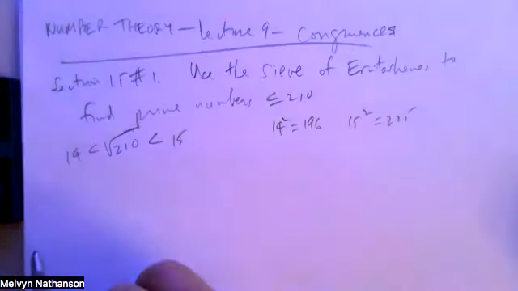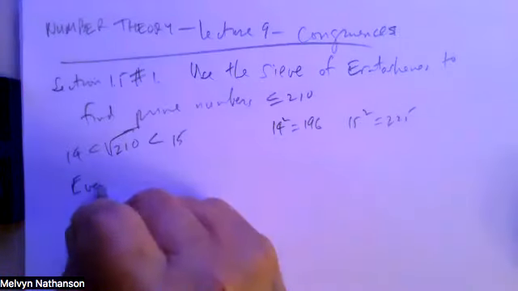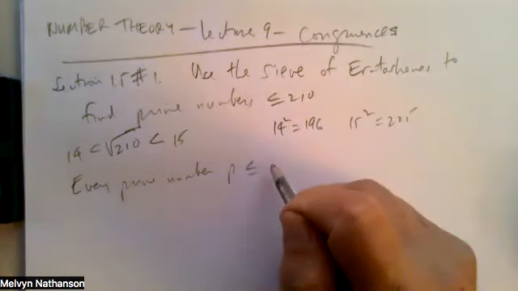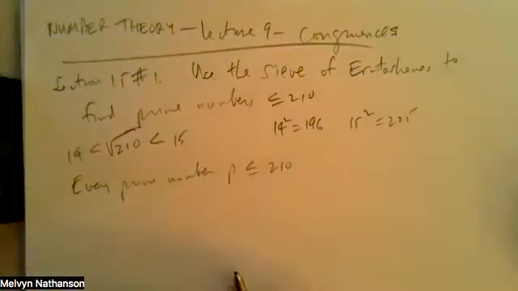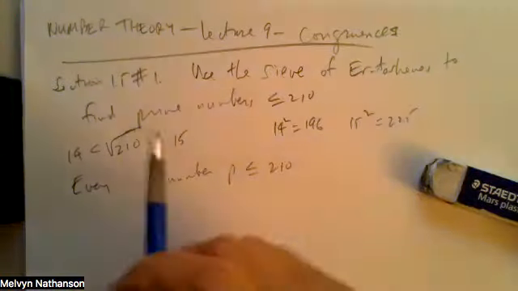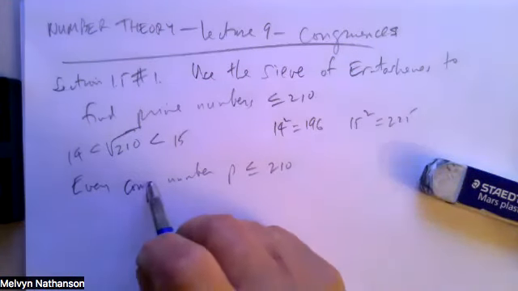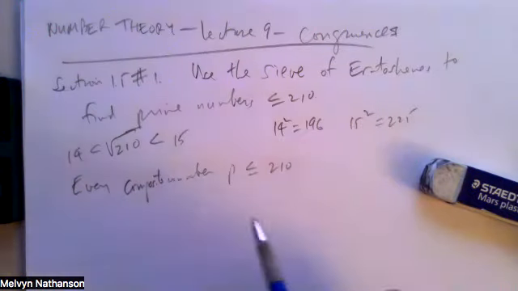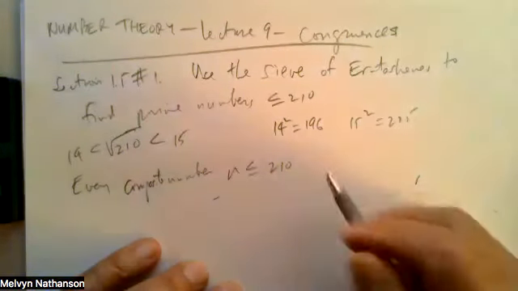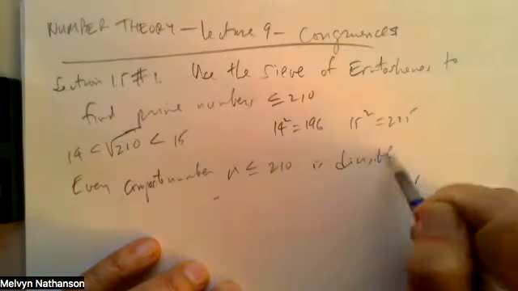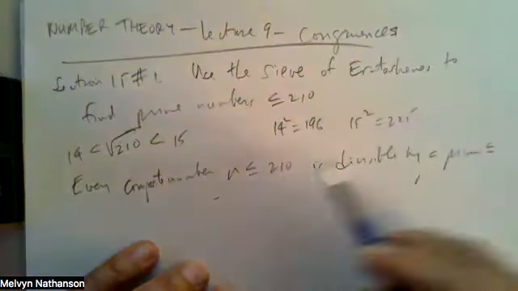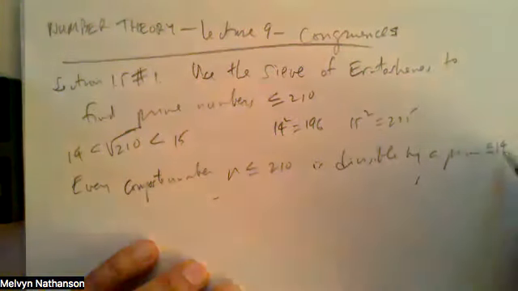And the principle of the sieve of Eratosthenes says that every composite number n less than or equal to 210 is divisible by a prime that's less than or equal to the square root of 210, which means less than or equal to 14.